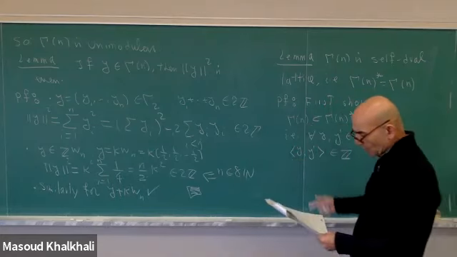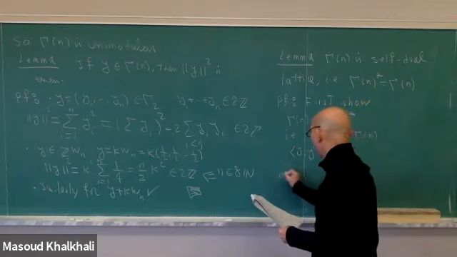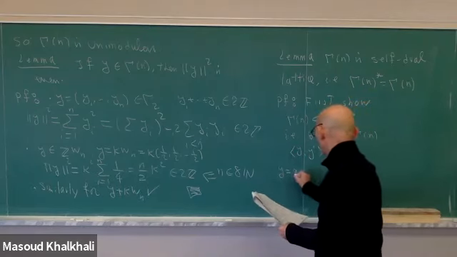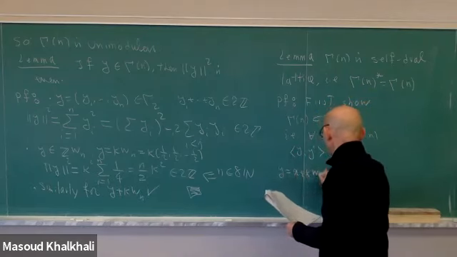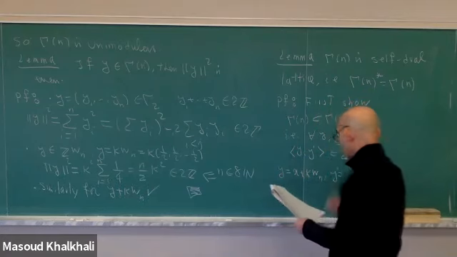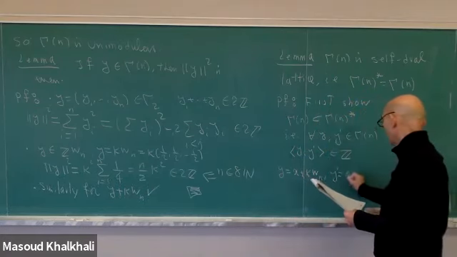But let's compute. So y is of this general form, x plus k wn, and y prime is equal to x prime plus k prime wn.